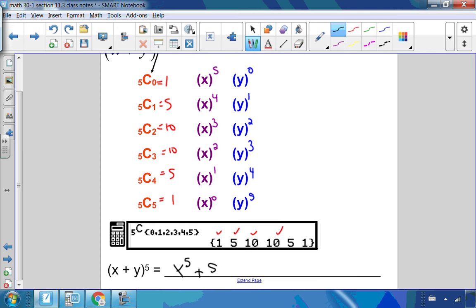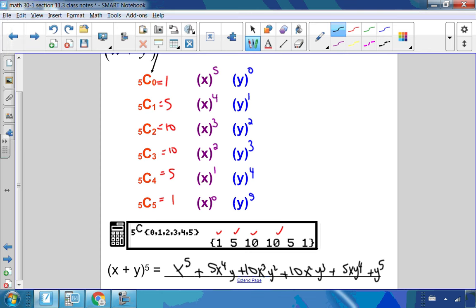And then I have 5x exponent 4 y, and I have 10x cubed y squared, 10x squared y cubed, 5x y exponent 4, and just a y exponent 5. So that would be how it expands.